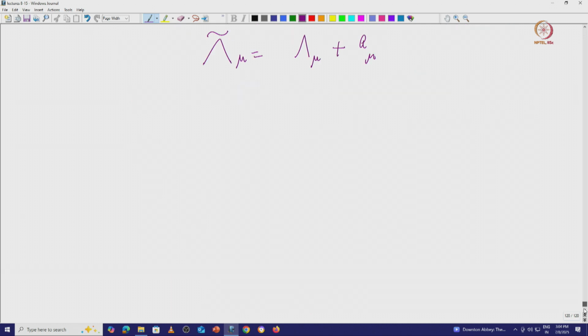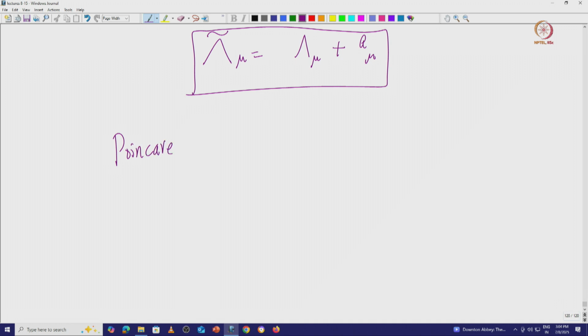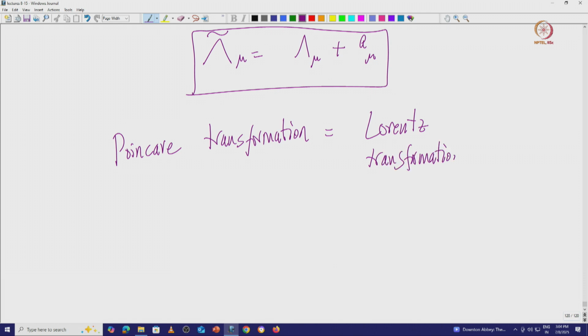That's it. So the Poincare transformation is equal to Lorentz transformations plus translations.